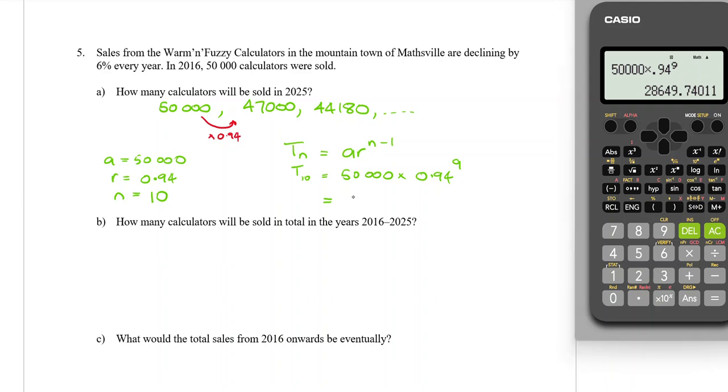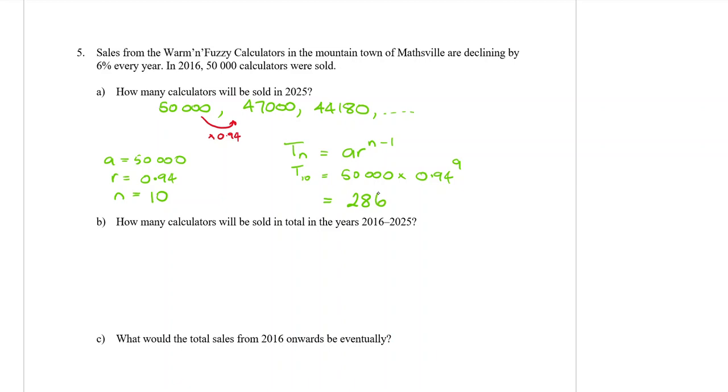So you just can't have a decimal, because you can't sell 0.9 of a calculator. I guess you could, if you explained, you'd say, I haven't quite sold that extra 1 calculator yet. Yeah, I could accept the round down. That's to the nearest whole number.